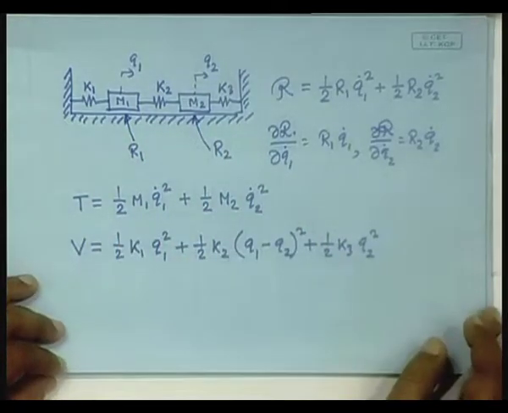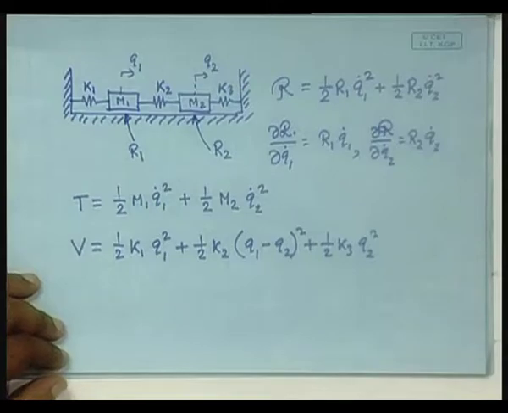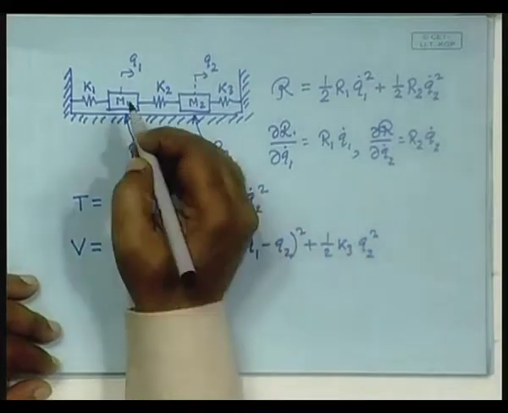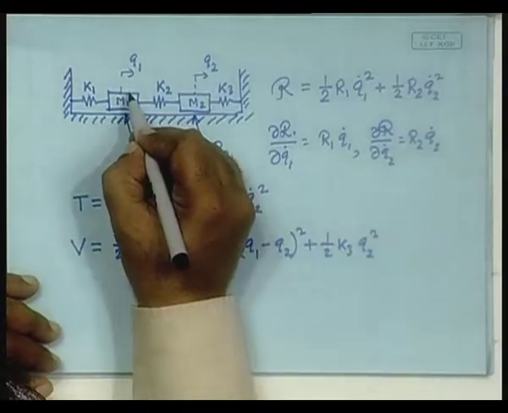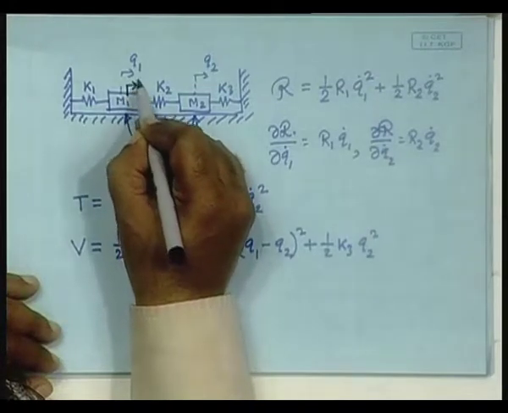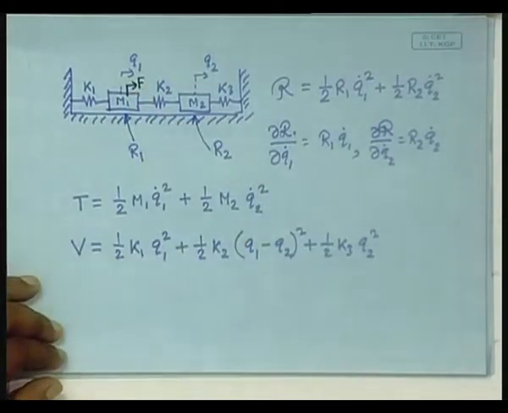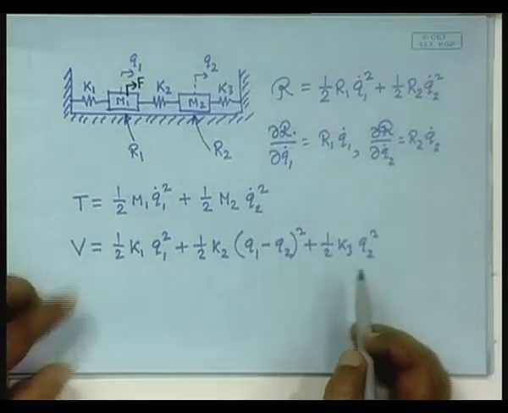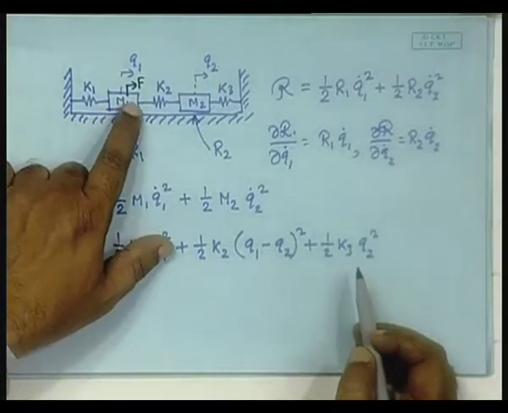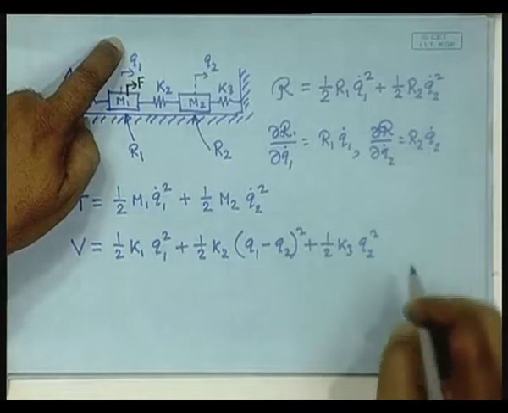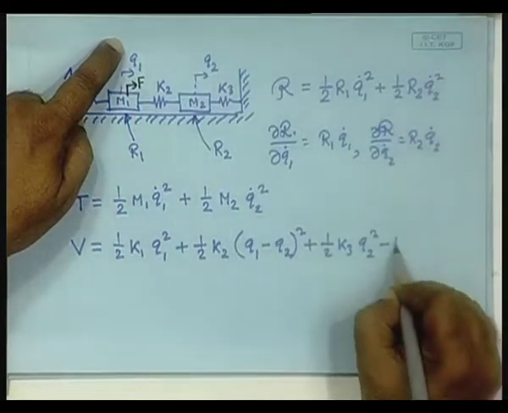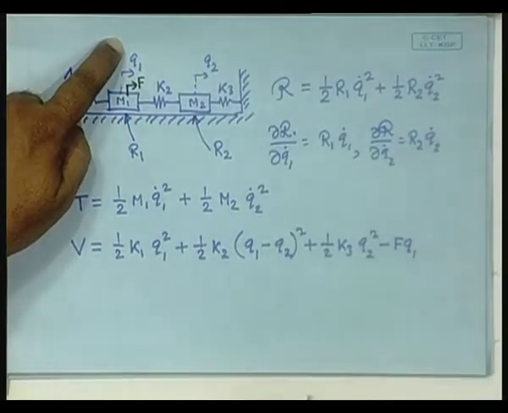At that time we had considered there is an application of force. Where was it? On this mass. That force, since it is in the same direction as q1, I would have to write as minus f q1.